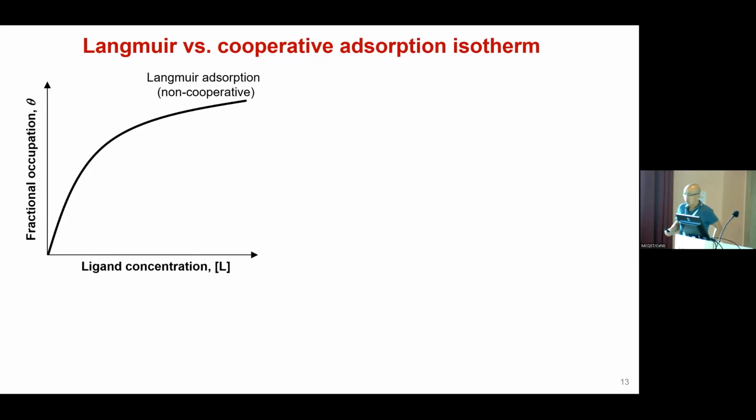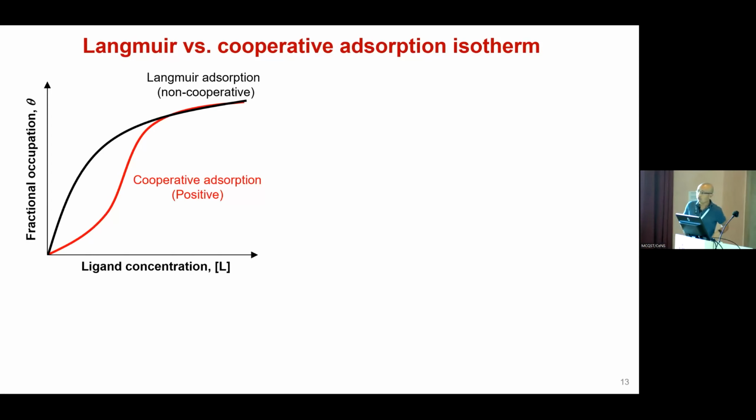Now, if you think about surface absorption, perhaps the most widely used model to understand surface absorption is Langmuir absorption. Okay, in Langmuir absorption, which is a non-cooperative absorption, one can measure the surface fractional occupation as a function of ligand concentration in the surrounding, and it follows a saturation curve. Initially increases, eventually flattens out.